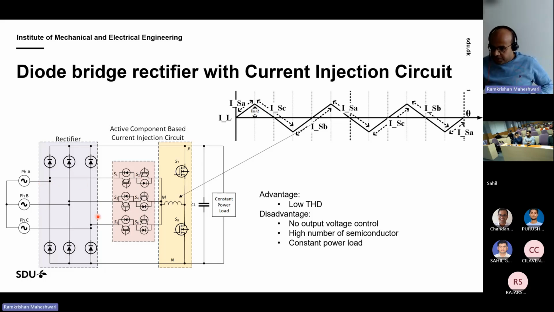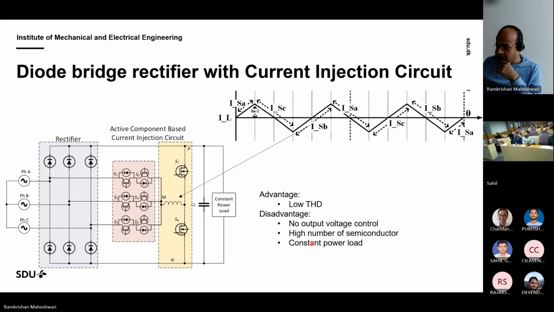So this is something which needs to be investigated here. How do we do this phase selection, phase transition? Yeah, and then the advantage is unity power factor. Disadvantages I have mentioned. Then I will move on to the last part of my presentation.